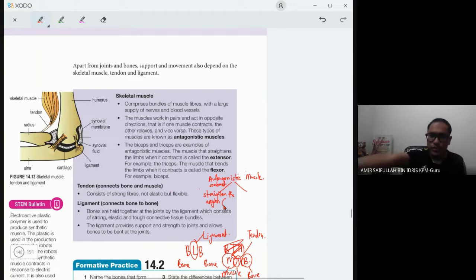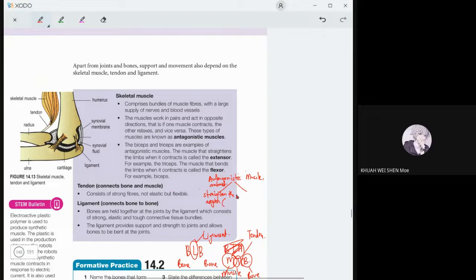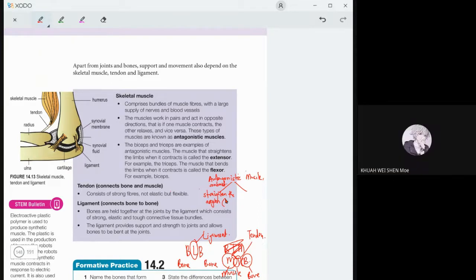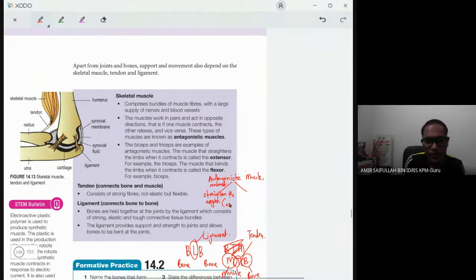Kalau dia straighten during contract, call as what, guys? Can comment now? Flexor ke extensor? It straightens the arm when it contracts. Extensor. Very good. Extensor.